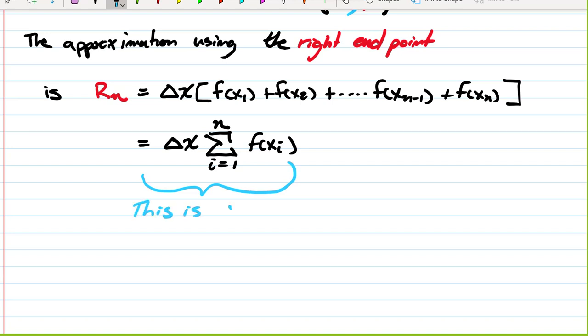This is called the Riemann sum using the right endpoints.